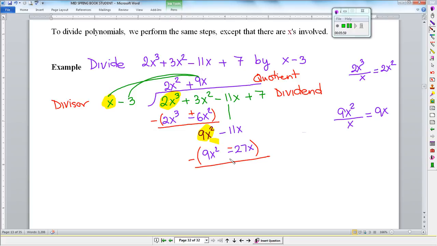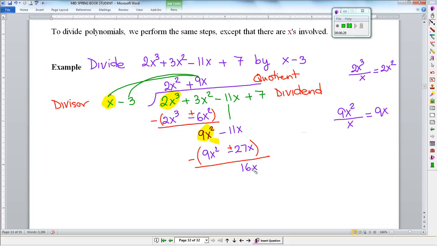Again, you distribute the negative, so the signs change. The 9x squared minus the 9x squared is gone. Negative 11 plus 27: these are like terms, so that gives you 16x.